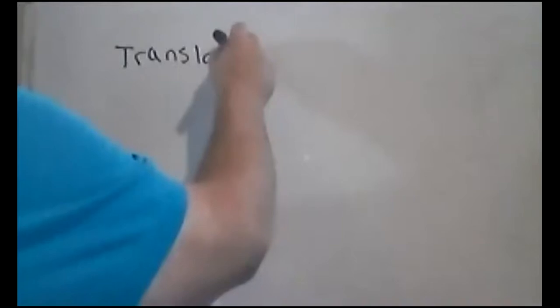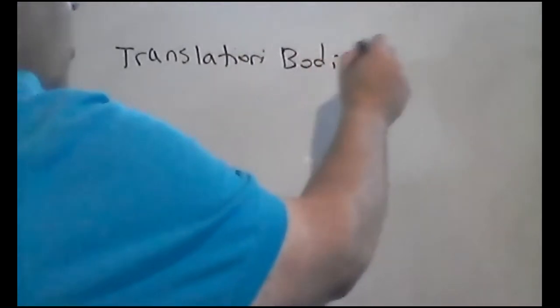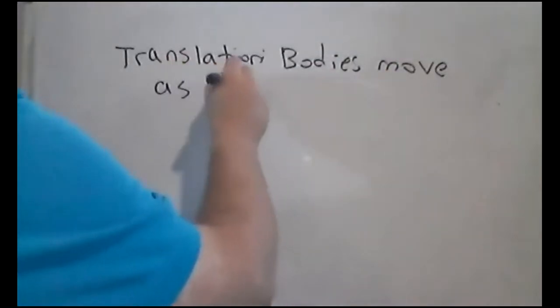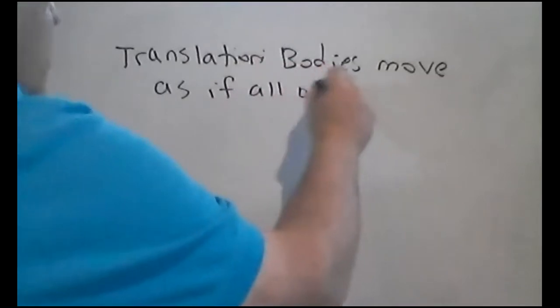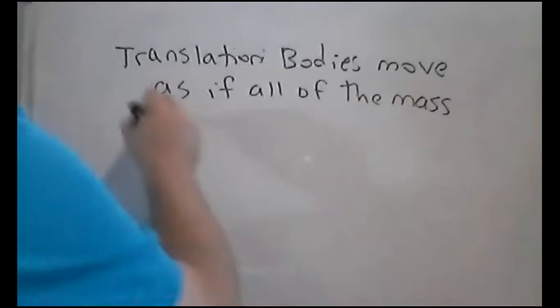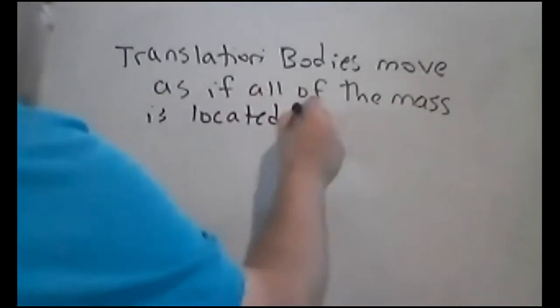All right, now, what are we discussing here? Well, in reality, what we've talked about with translation: bodies move as if all the mass is located at the center of mass.